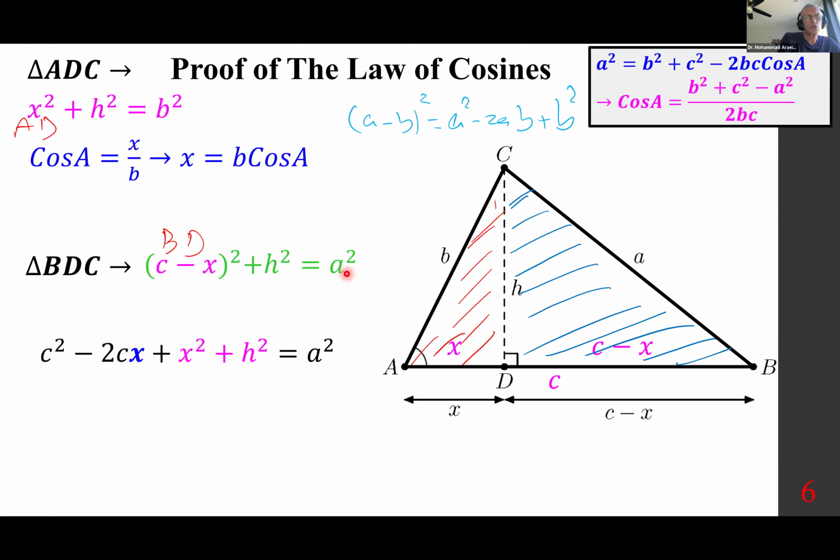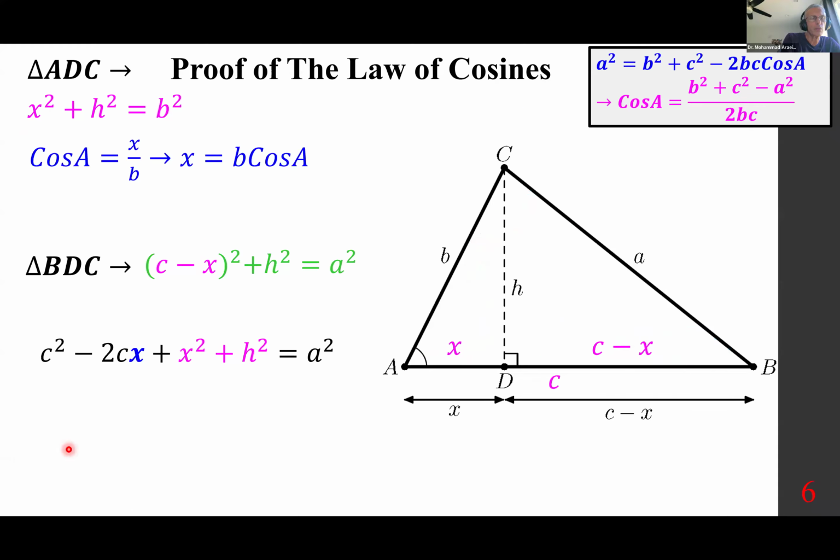Now, X squared plus H squared. Let me erase my work. What do we notice? This is B squared, and X is B cosine A. Let's do that.